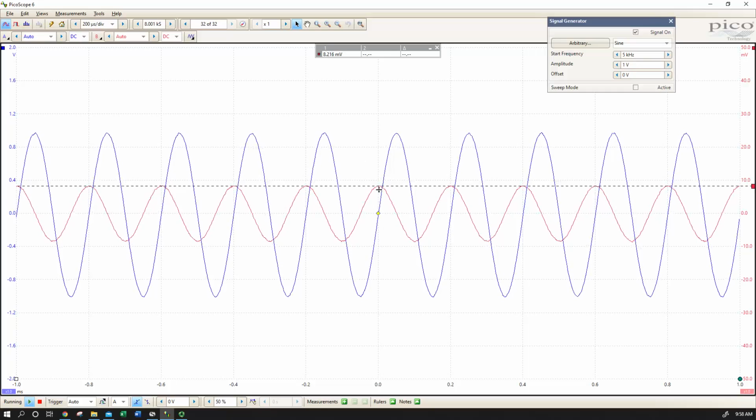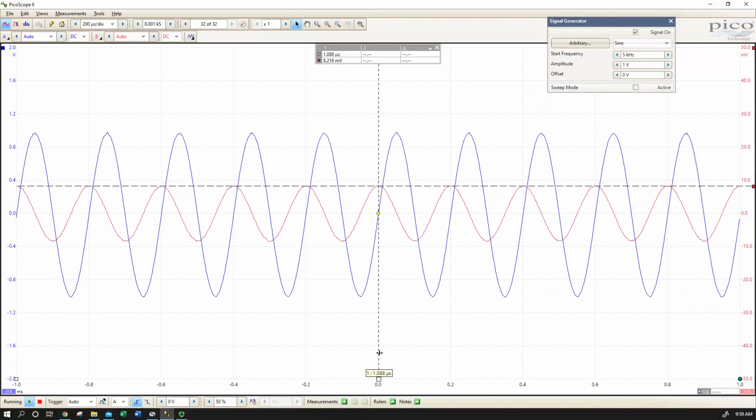And something else we're going to start seeing as we're able to visualize these two waveforms a little bit better is a shift in the peaks versus one another. Our channel B is representing the voltage drop over our resistor. It's also giving us insight into the phase of our current.